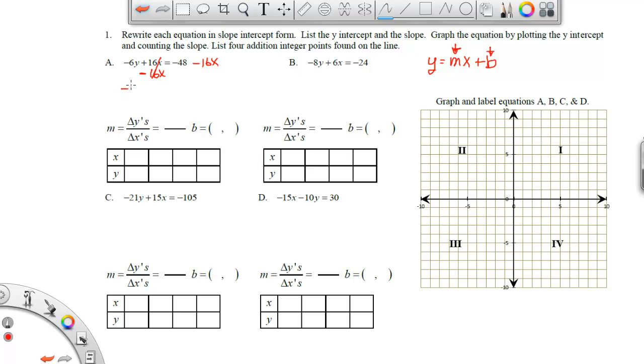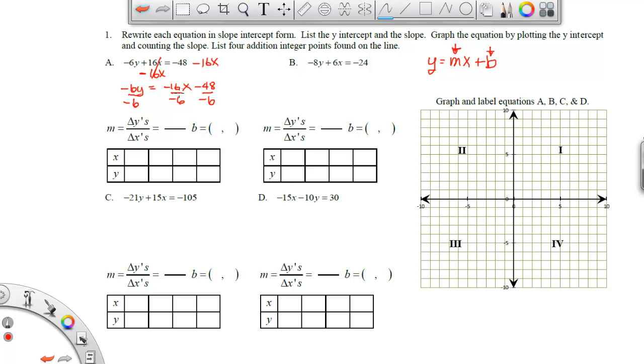So my new equation is a negative 6y equals a negative 16x minus 48. And we know that the commutative law of addition says I can change these orders here, so that's okay to do that. Now we go ahead and we're going to divide by the coefficient of y, or the number in front of y, so we're going to divide by a negative 6 to everything.